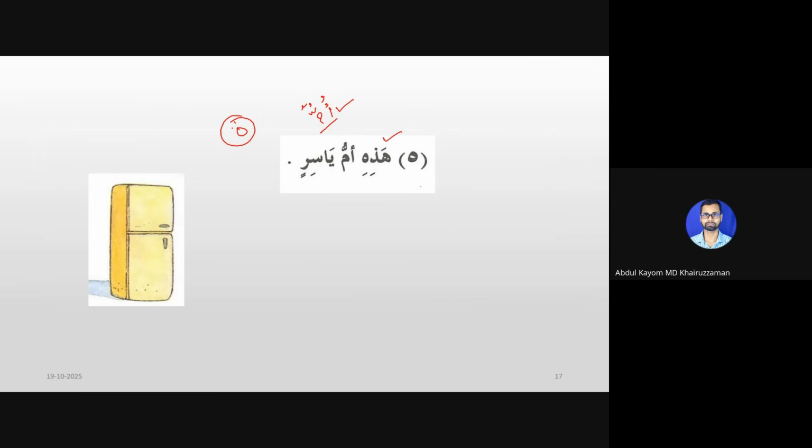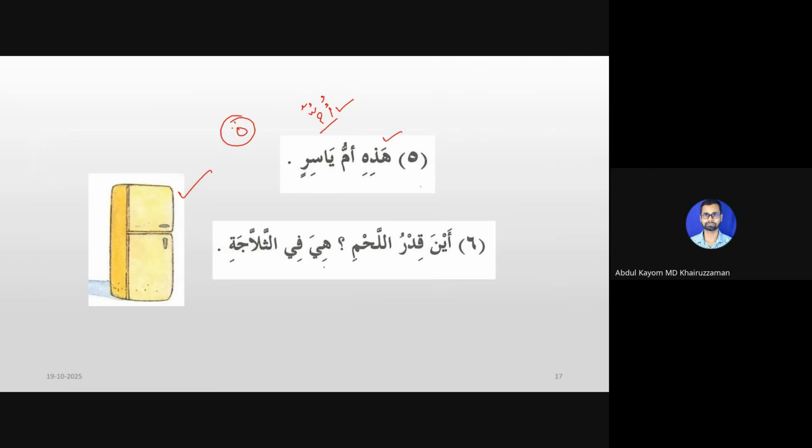And this is a fridge. The picture may not look like a good fridge, but this is a fridge, right? Fridge in Arabic is thallajatun. So we have a question here. Aina kidrul lahm. Kidr means cooking pot or kettle, and lahm means meat.